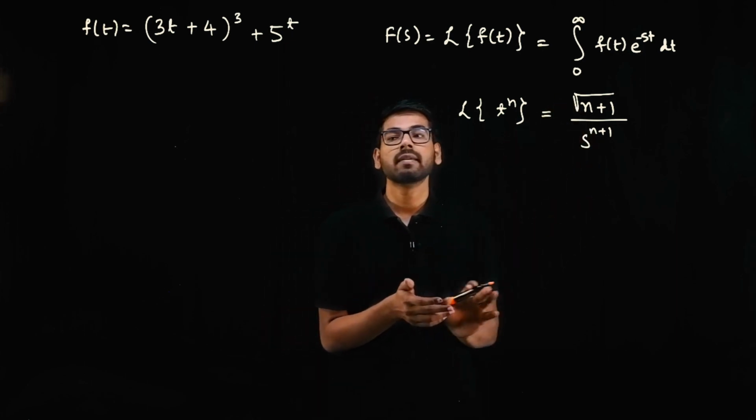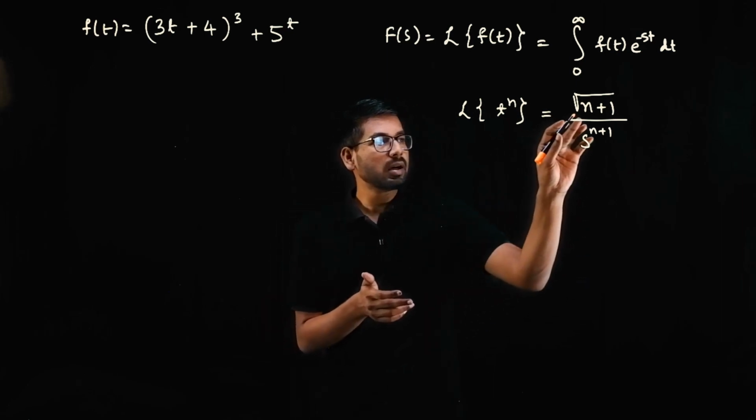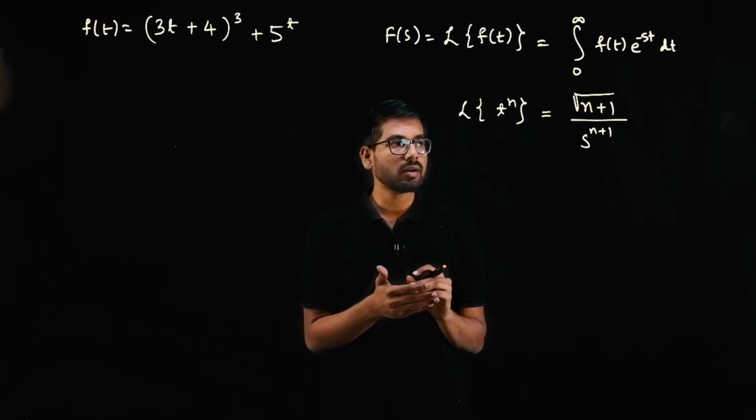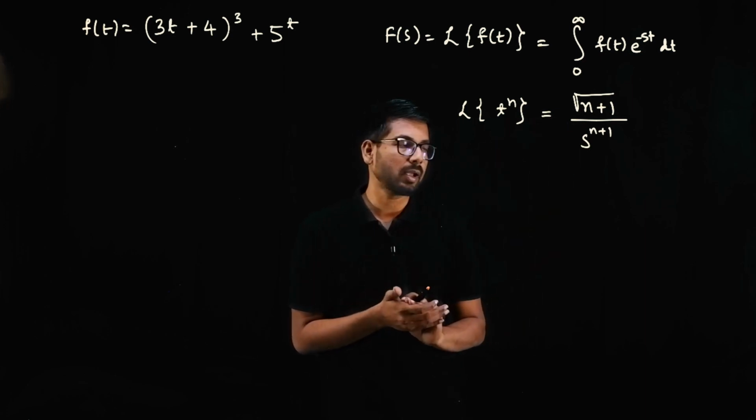Gamma is another integral that you will learn in the future, but for now you can think of it like a log or something like that. You can find the value of gamma of some number.